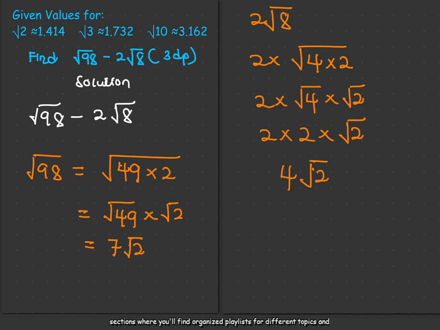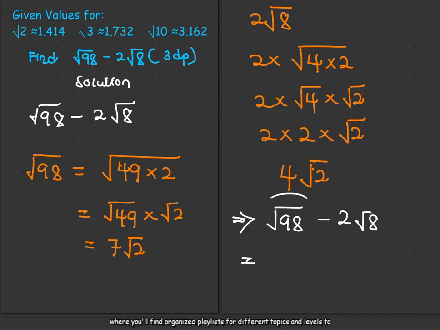So this simply implies that for the question we were given, the root of 98 minus 2 root 8, we have simplified the root of 98 as 7 root 2, and 2 root 8 became 4 root 2.